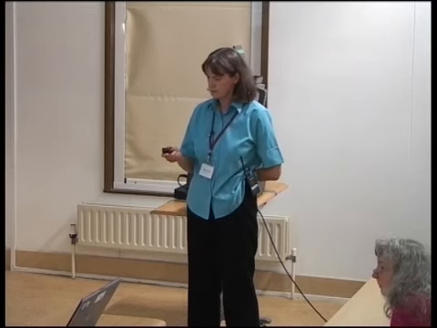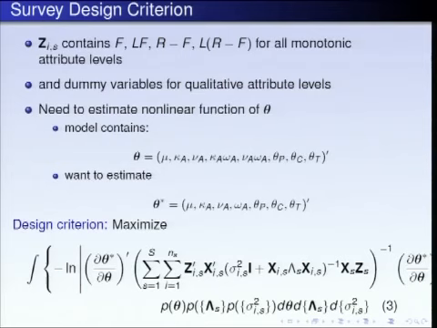But what we want to estimate is actually these parameters individually, and so this is related to one of the things Rainer was talking about on Monday. We have to modify our criterion and put in these partial derivatives.